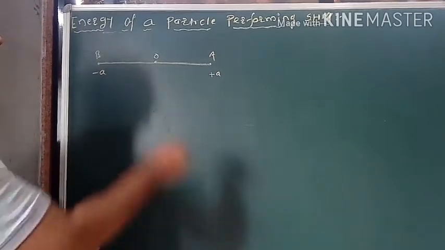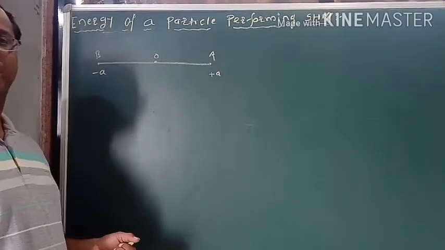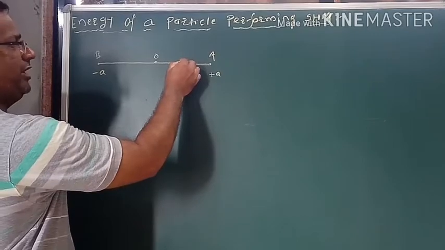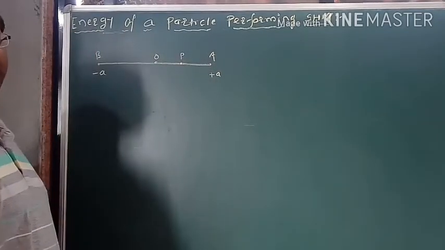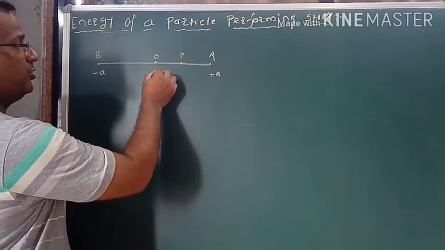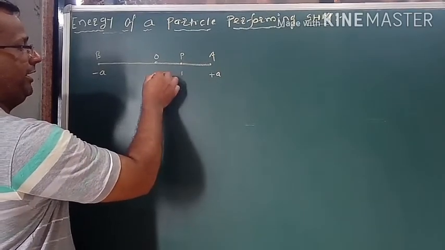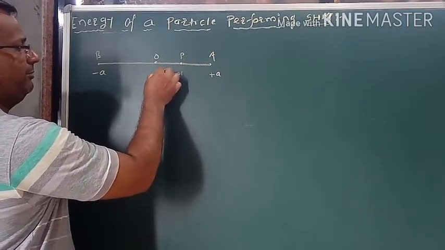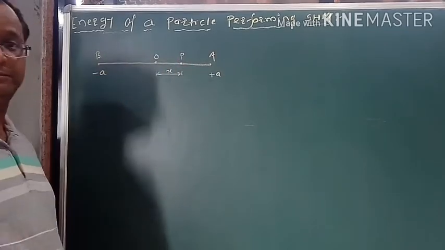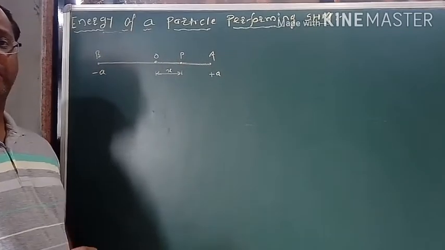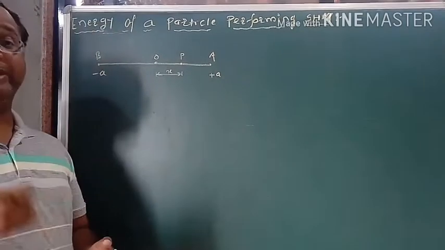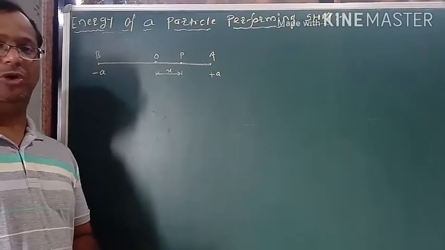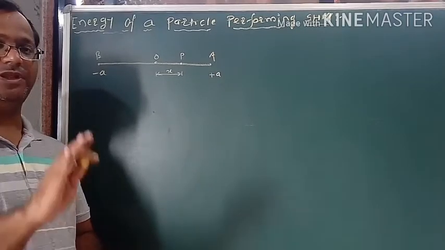Now, during the simple harmonic motion, suppose we consider one position P, and the distance of point P from the mean position is x. Then at point P, how much energy is there, we want to find out that, right?